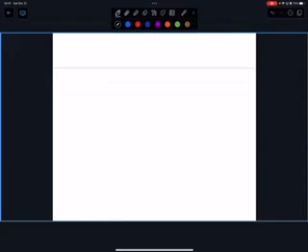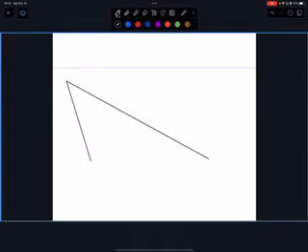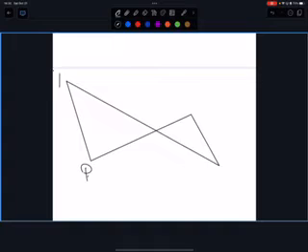Exercise 28. Like this. Like that. P, T, S, 20, Q, 6, 8, 1, 2.